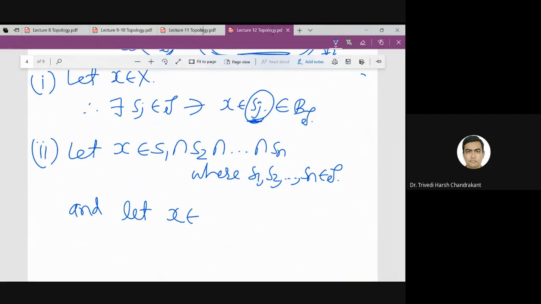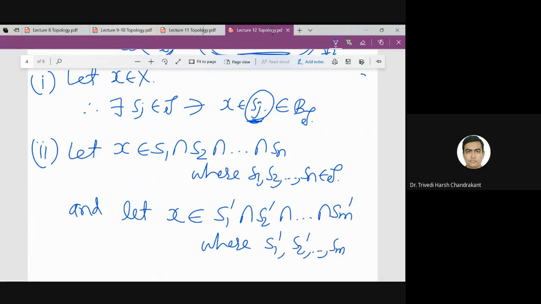So x belongs to, let us say, S1 dash intersection S2 dash intersection Sm dash, where S1 dash, S2 dash, Sm dash belong to S.